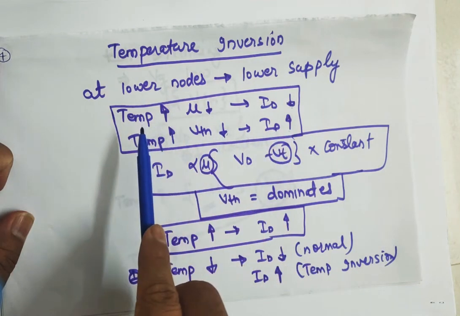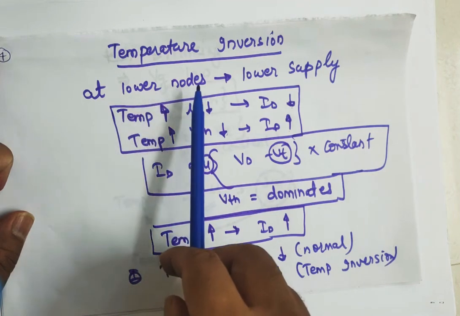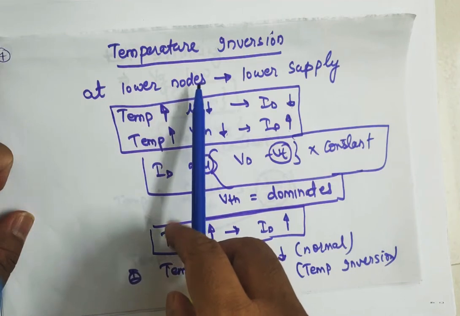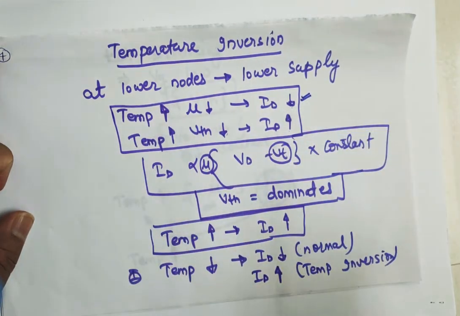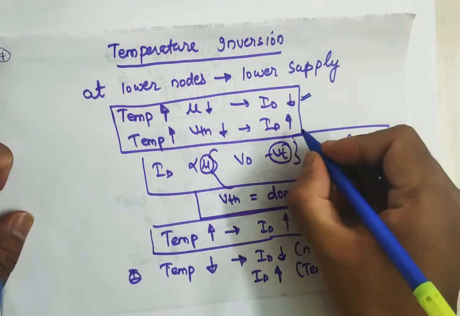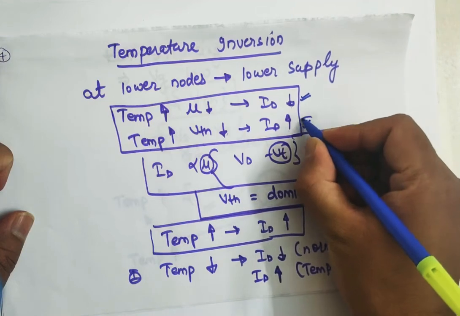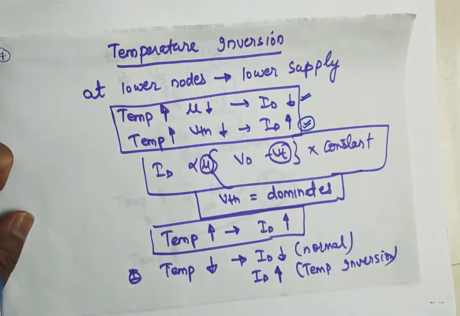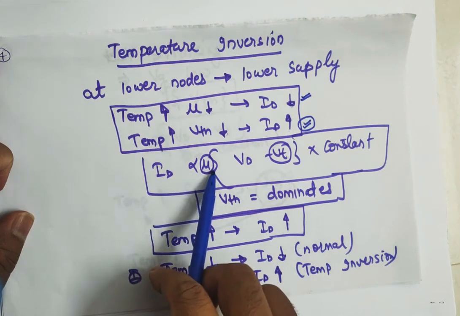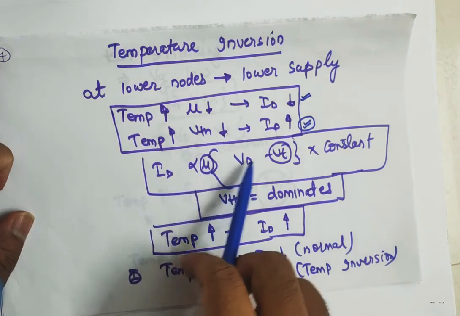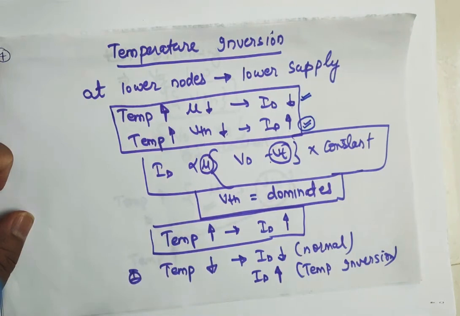So at the older technology nodes, where VGS or the gate voltage used to be high, this first effect used to dominate. But as we are moving to lower technology nodes, this VTH effect is trying to dominate. If we see the ID dependence, ID is directly dependent on mobility, VD minus VT and some constant, correct?